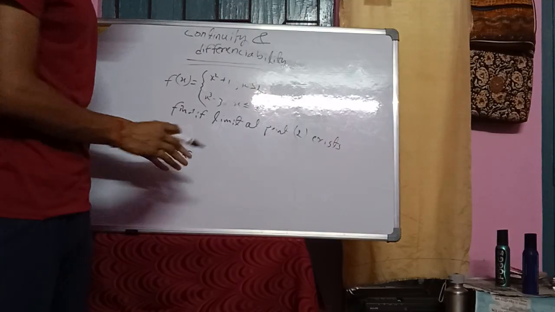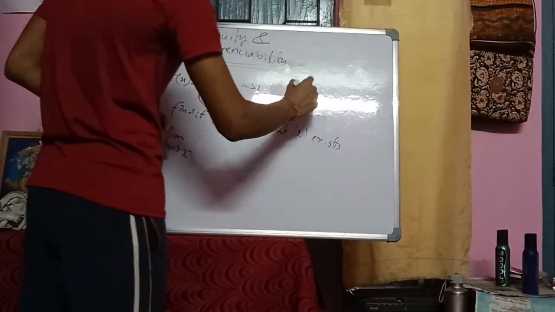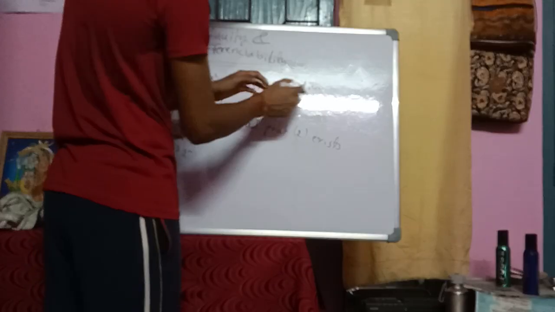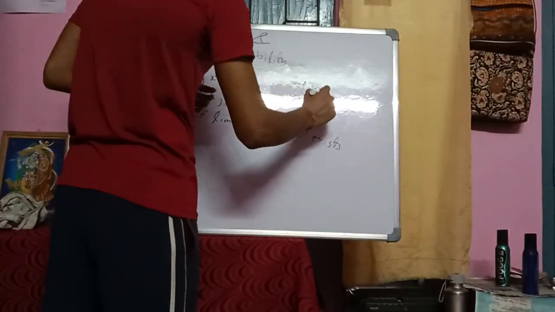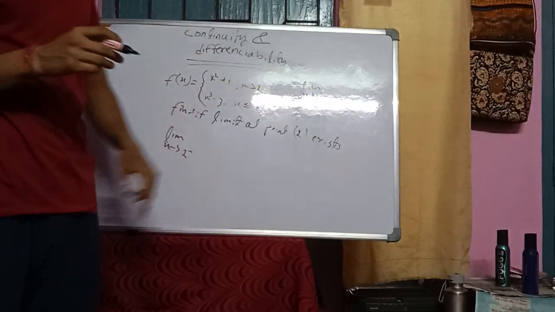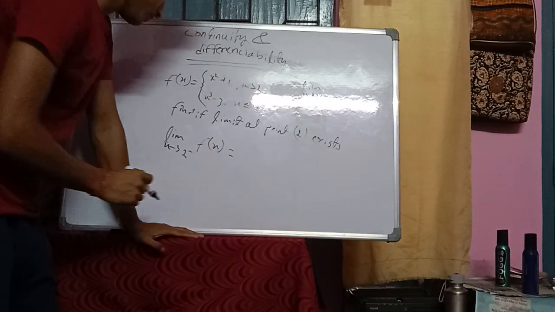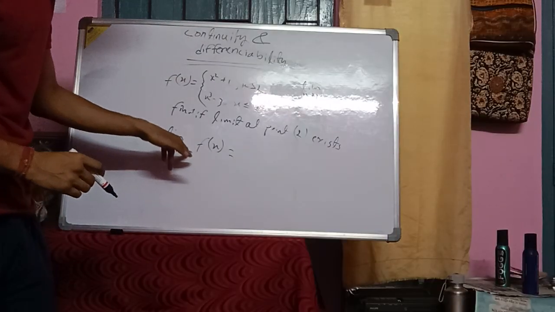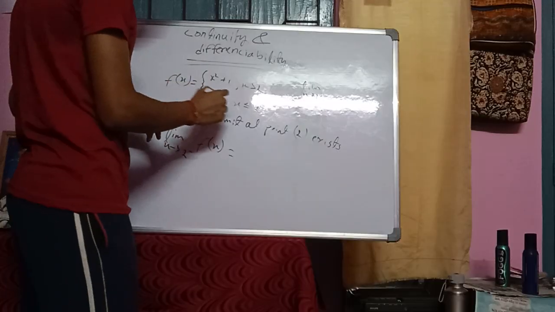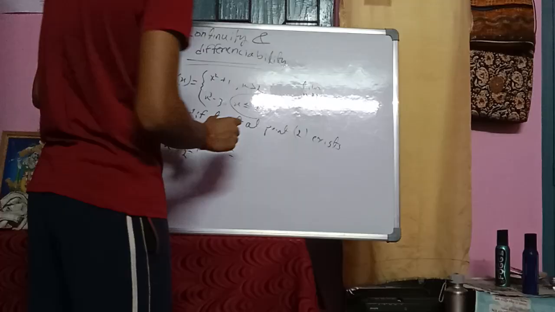What does this mean? It means we are approaching from the left side, and writing it this way, limit of x tends to 2 plus means that we are approaching the right hand limit value of f of x. So 2 minus is approaching from the left side. That means the value is slightly lower than 2, which satisfies this condition, x less than or equal to 2.